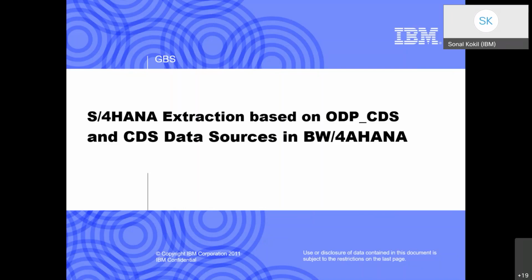Yeah, with CDS based, all the calculations are going to the database, right? So performance would be better in this case. In HANA views also it will be like that, right? At the ECC side, the tables are there, and on the S4 HANA side, CDS can be better.